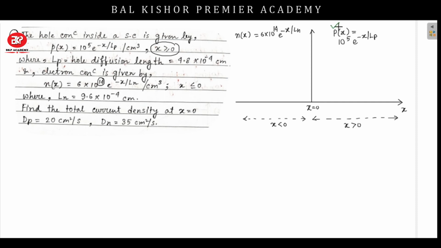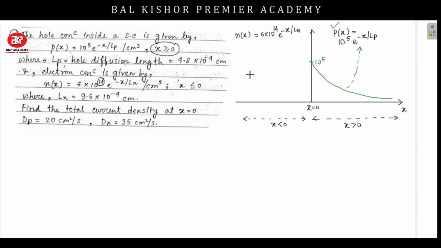If I plot this p of x, the plot will look like this. It will decrease exponentially, and the value here will be 10 to the power 5, because if you put x equals 0, e to the power 0 gives 10 to the power 5. So this is the plot of this equation.